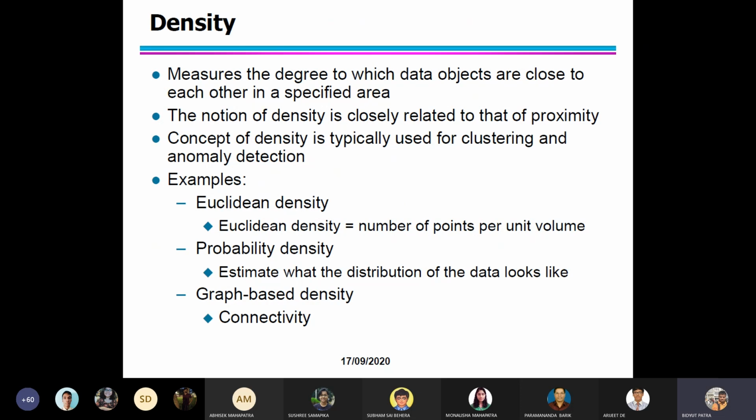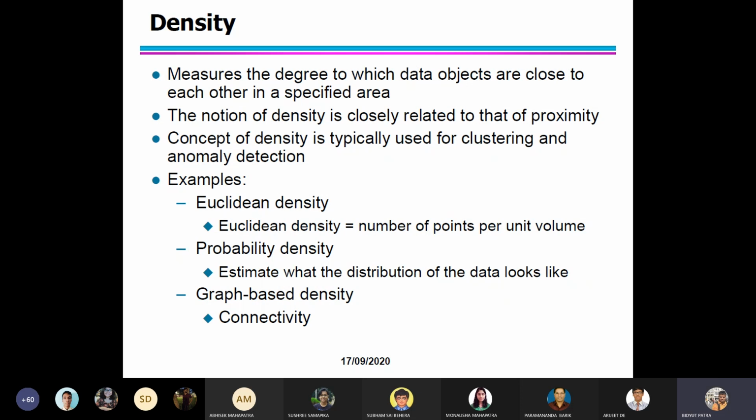Now another topic is density. In some applications, we don't directly use the Euclidean distance or the other measures we have considered. One is that we measure the density. Obviously, while computing density, we measure a kind of distance, but not, say, Pearson measures or something like that.